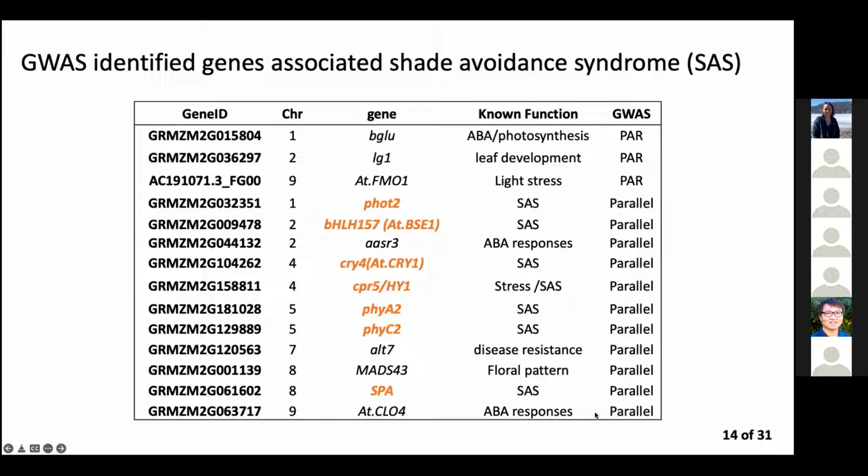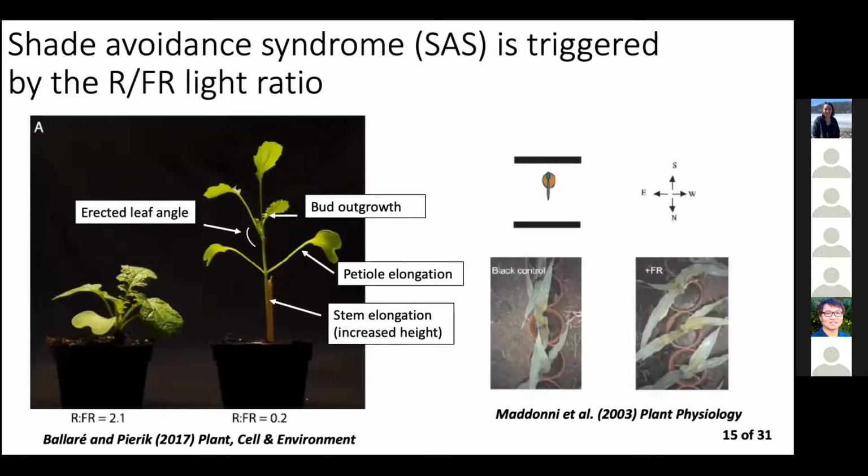And when we look at the function, to our surprise, we find that most of the candidate genes that we identified from the parallel GWAS are associated with a specific function called shade avoidance syndrome. In case some of you are not familiar with this, shade avoidance syndrome is a term that summarizes the basic response to shading.